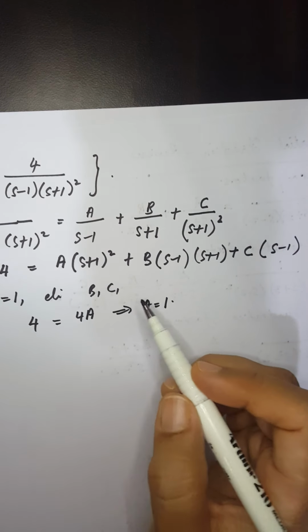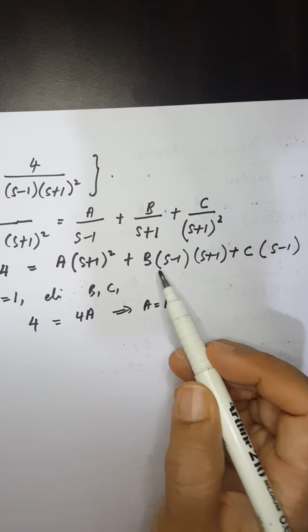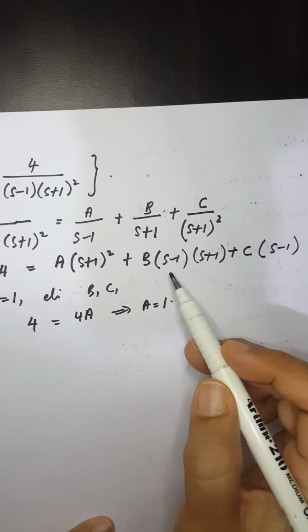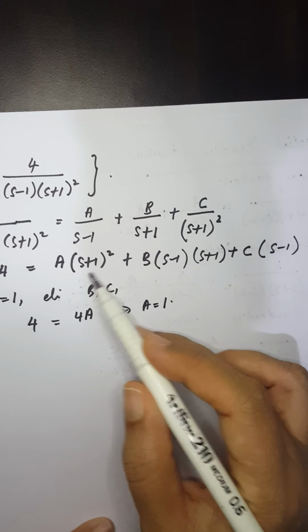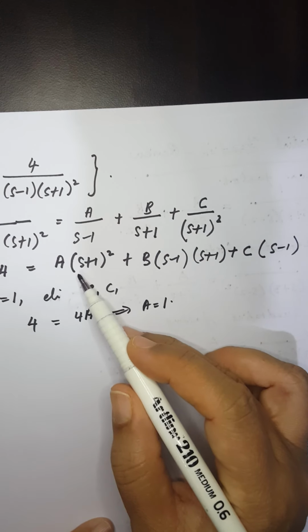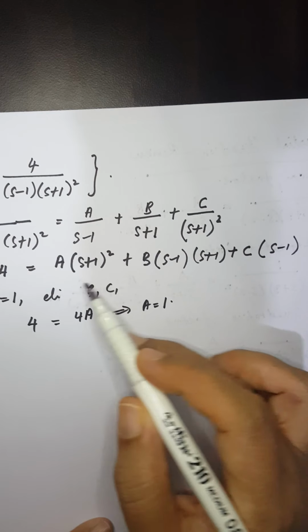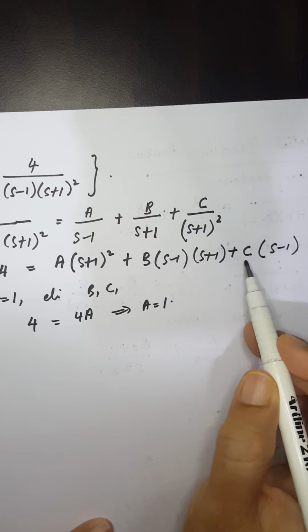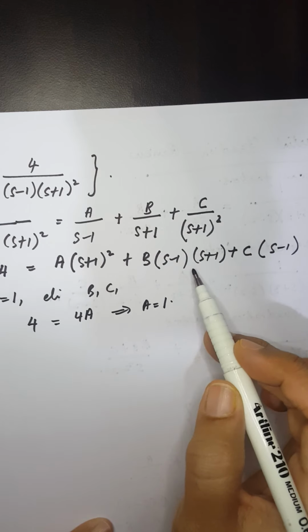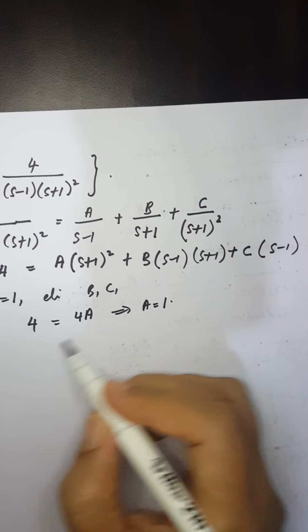Okay, so to find C, similarly we have common factors of s plus 1 at B and A, so we can find C by eliminating A and B by substituting s with -1.